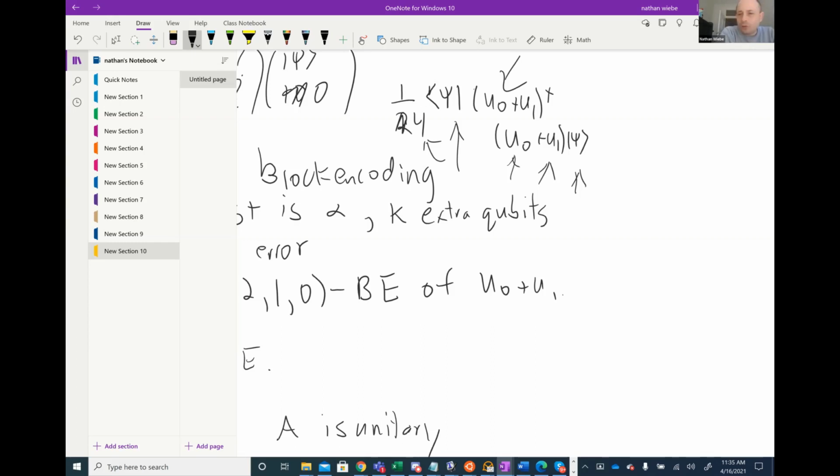For qutrits, for example, there are other operator bases that don't quite have the same nice properties of being both unitary and Hermitian that you get with Paulis. But you can look up things like the Gell-Mann matrices in that case, which do have those nice properties. But I don't know of any other operator basis for higher dimensions that's as cute as the Pauli basis is.